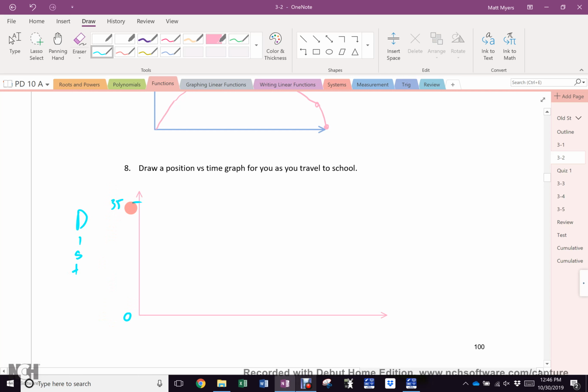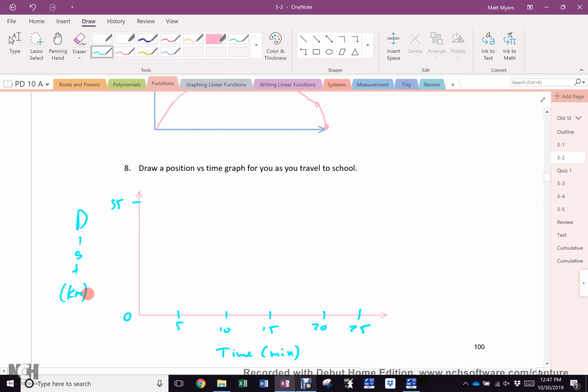And it takes me 25 minutes from my door to school. So what would be down here? Time in minutes. And I'd probably go 5, 10, 15, 20, 25. Everybody cool? Cool.